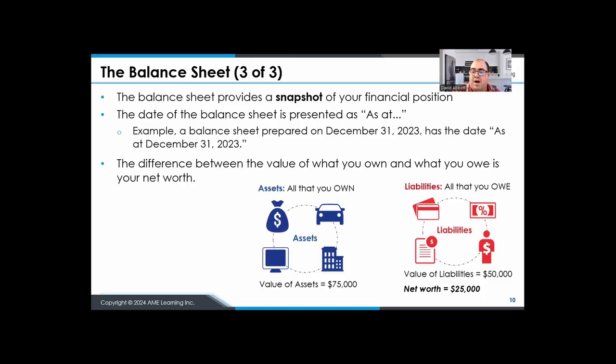The difference between the value of what you own and what you owe, as we said, is your net worth. And so in the example here, we see that the total assets are $75,000 and what they owe is $50,000. So the net worth would be $25,000.